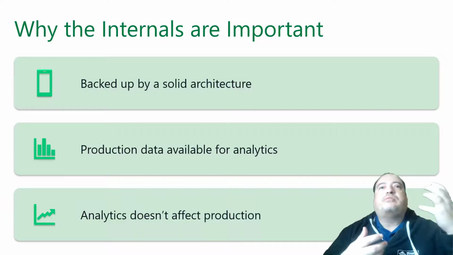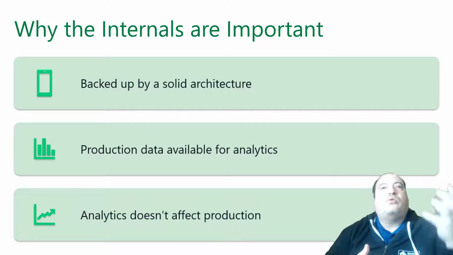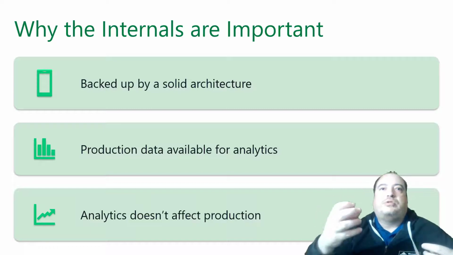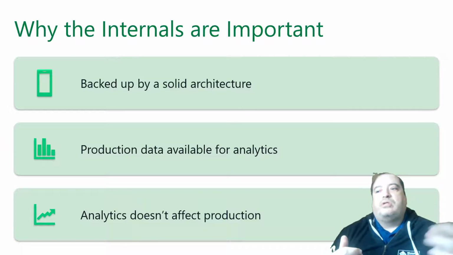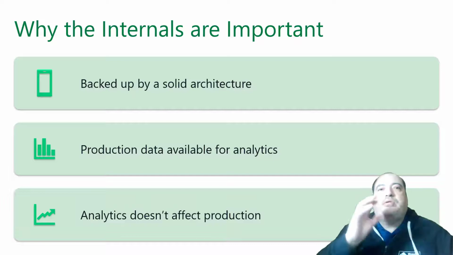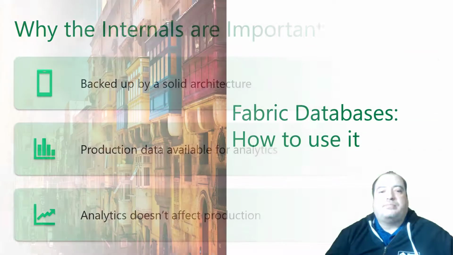This puts the Power BI resource consumption over the production environment and creates a problem for production. Using a Fabric database like this creates an automatic mirroring, so the consumption in Power BI is made from the mirror, the OneLake, not from production. Production doesn't feel any problem in relation to the Power BI consumption.